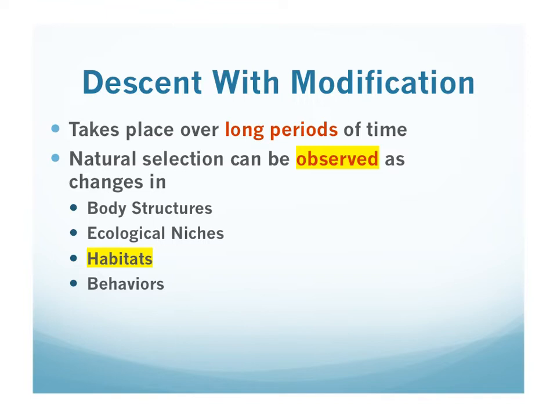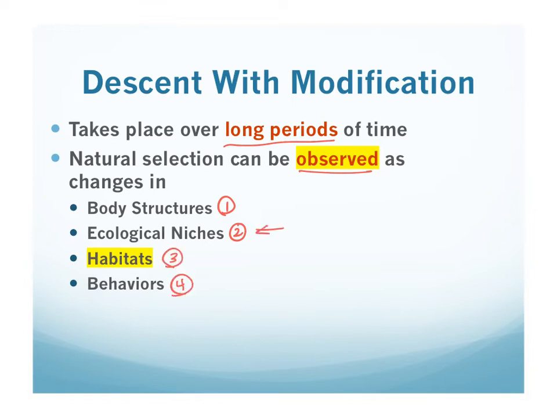So to be clear, descent with modification takes place over long periods of time. It's not like it happens overnight. And what we'll see is natural selection can be observed as changes in body structures, ecological niches, habitats, and behaviors.